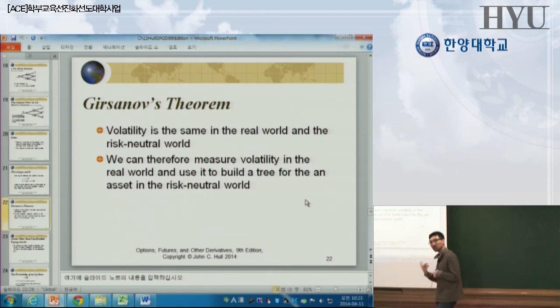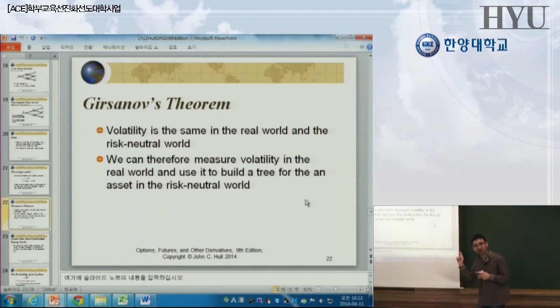So when you go to the risk neutral world, we change only the return to the risk free rate for all assets, and volatility is the same. Actually, volatility is much easier to estimate than the return. So this makes our life very easy. We can therefore measure volatility in the real world and use it to build a tree for the asset in the risk neutral world.